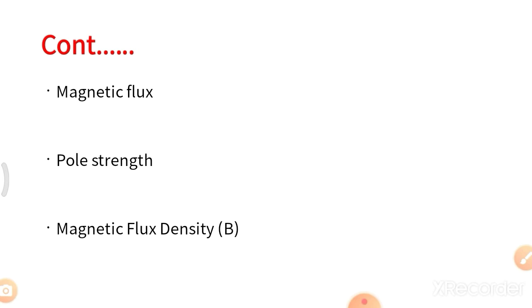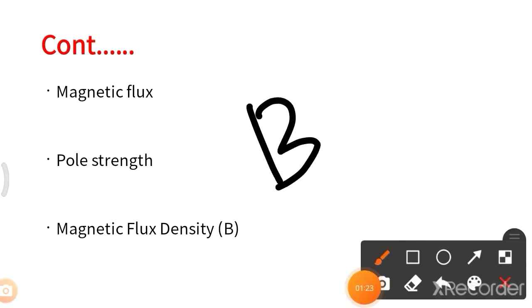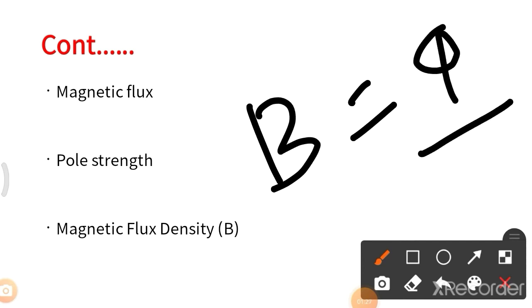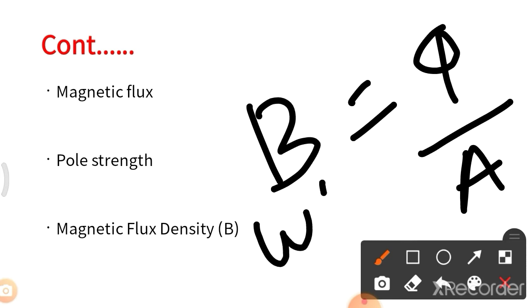Mathematically it is expressed as B, and it is a ratio of phi divided by A. Phi means magnetic flux, divided by A means area. The unit of magnetic flux density is Weber per meter square.